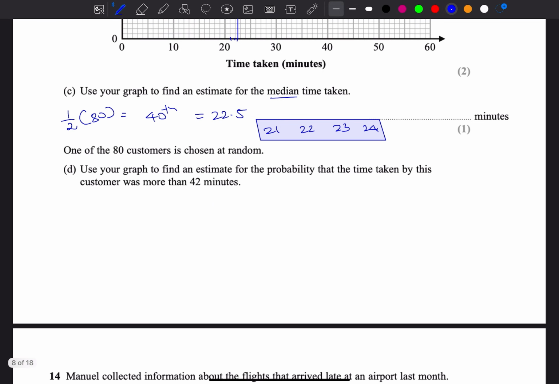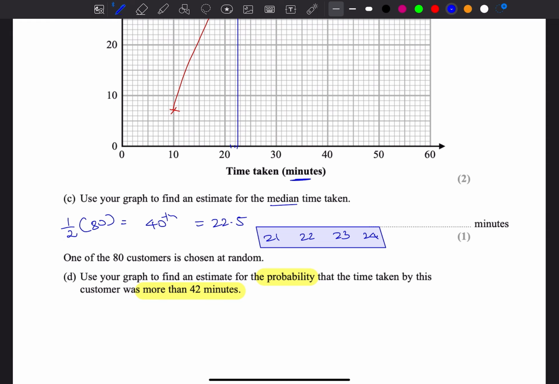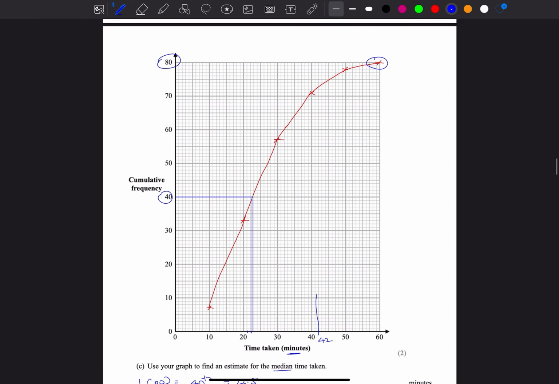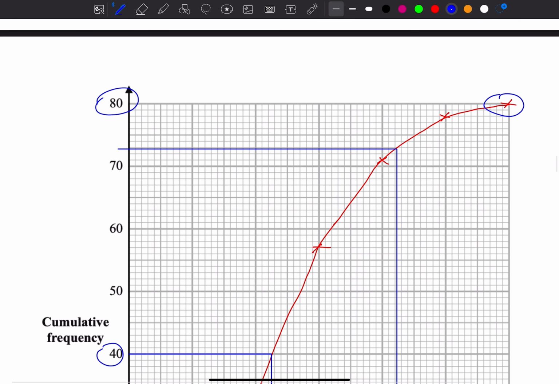Use your graph. Okay, so keyword, probability: make sure you give it as a fraction. More than, so you've got to take away 42 minutes. Just more than means take away. Remember, 42 minutes is here. Because it's more than, always learn to take away. 71, 72, 73.